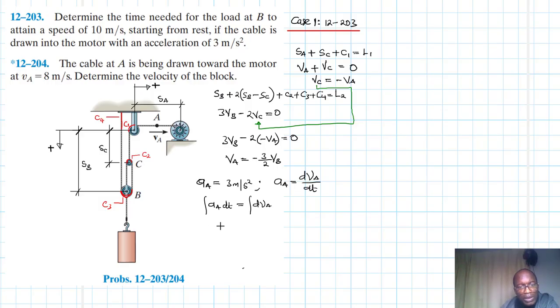So let's replace the value. We have a 3 there, dt, integrating from 0 to t, because they are telling us this is starting from rest, and then we have our dv, integrating from 0 to v.